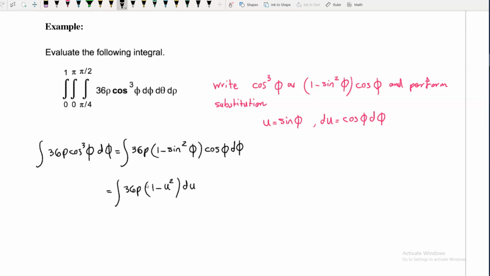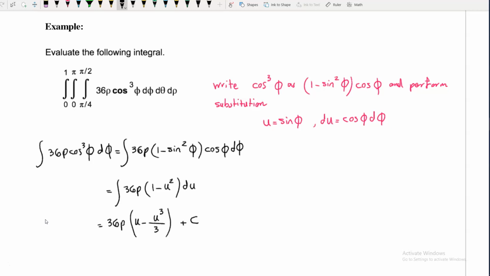So here cosine phi d phi is du. And this is equal to, so integrate, we have 36 rho times u minus u cubed divided by 3 plus C for constant.